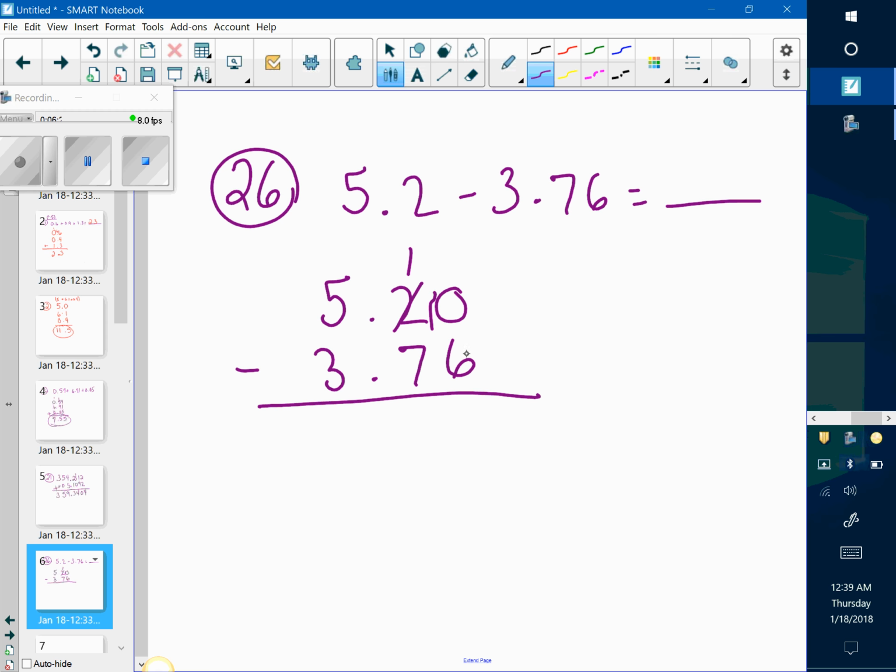So 10 minus 6 would be 4. Again, 1 is still lower than 7, so you're going to have to borrow from the 5. You take one of those and add it here, makes it 11. And this lowers it down to a 4. So 11 minus 7 would be 4. Bring down your decimal. 4 minus 3 would be 1. So your answer would be 1.44.